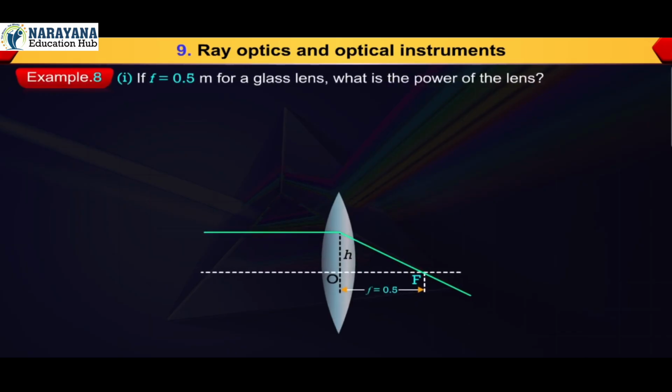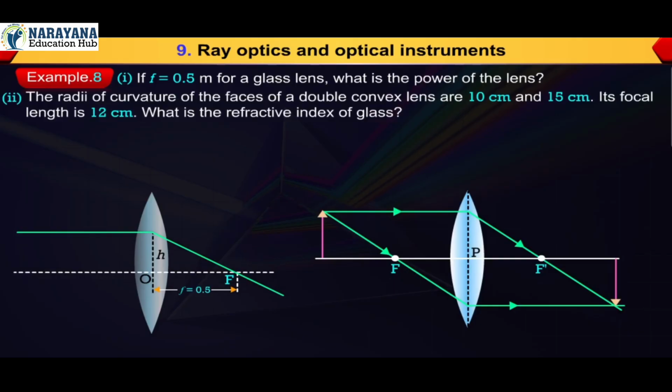Example 8. 1. If f is equal to 0.5 meter for a glass lens, what is the power of the lens? 2. The radii of curvature of the faces of a double convex lens are 10 cm and 15 cm. Its focal length is 12 cm.